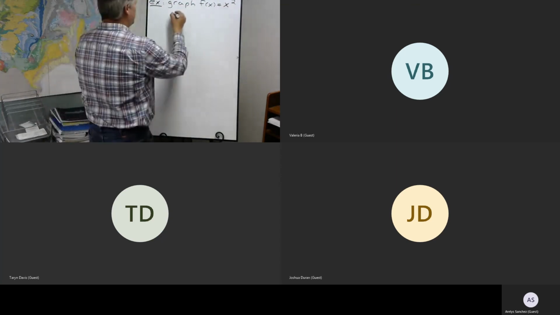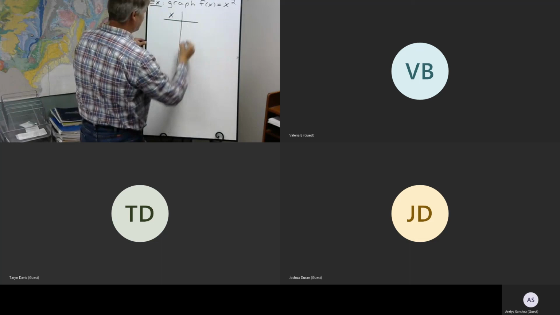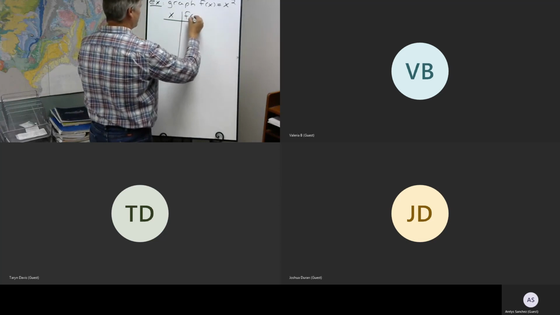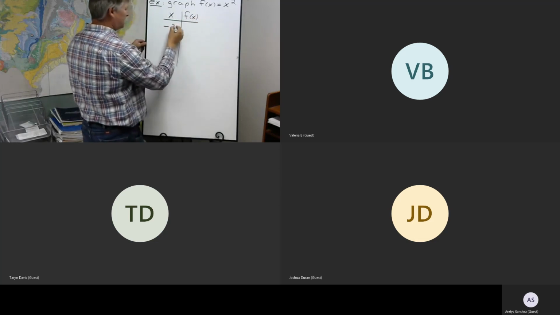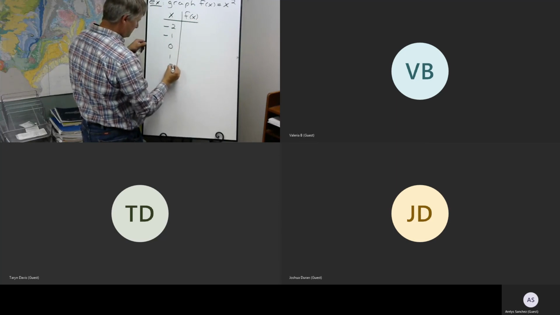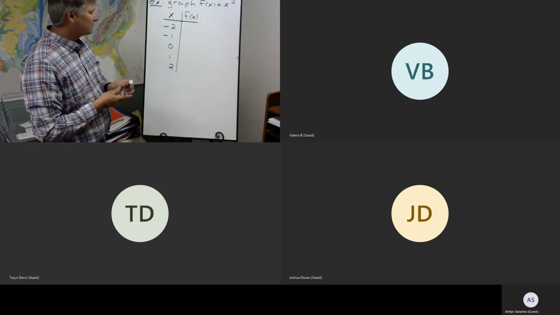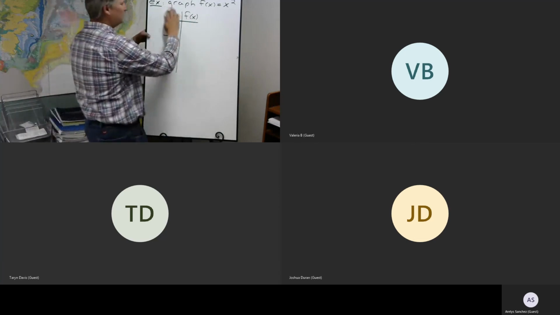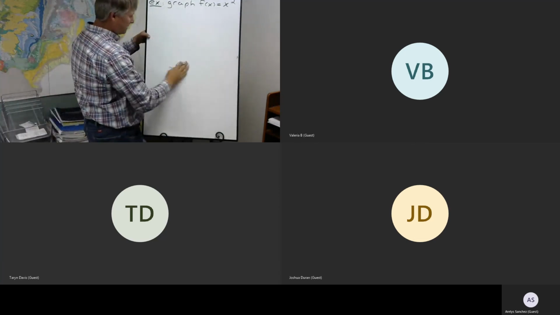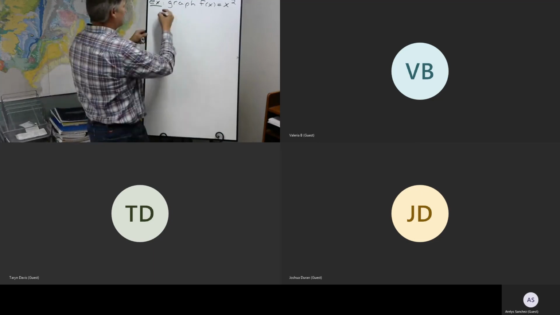Well, let's pick some inputs. So let's say we have these. In fact, I'm going to write this horizontally instead so we can look at the graph without having to erase anything, so we can see it all come together.